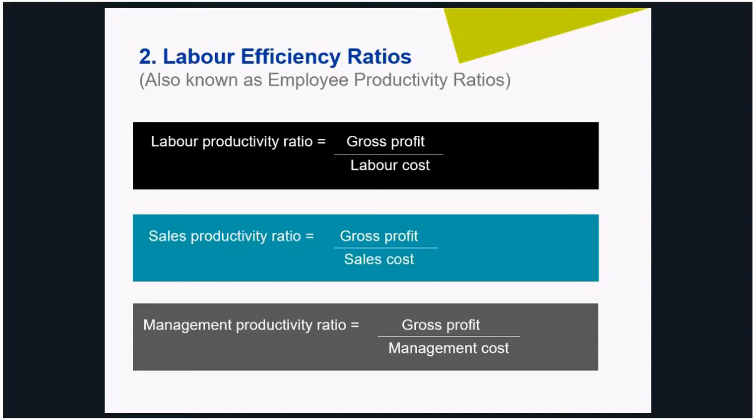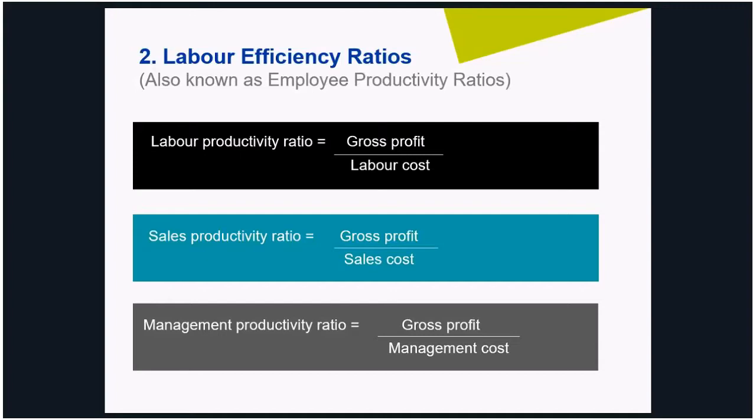The management productivity ratio is often the ratio in a growing business that doesn't yield the required rates of return, because we're having to hire expensive management people to manage the growing team, but there's not a focus from a measurement of the productivity of management that the investment in management is yielding a significant increase in gross profit to justify that investment.